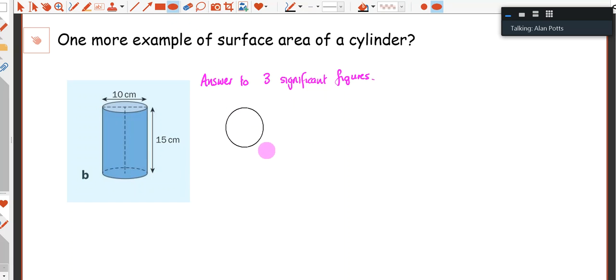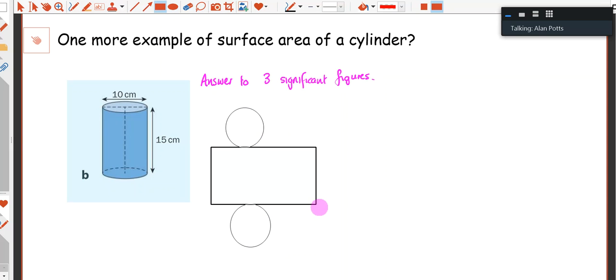So the surface area of a cylinder is, I'm sure you're now aware, because you seem to be doing it right, the 2 circles and the rectangle. Okay, the circles have a diameter of what in this case? Anyone? 10.